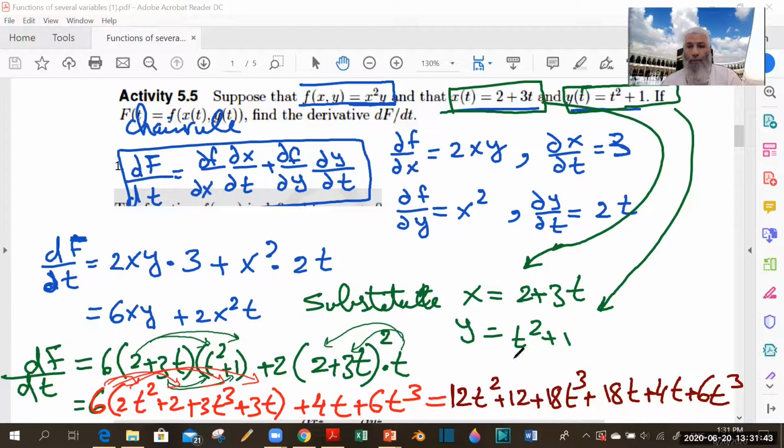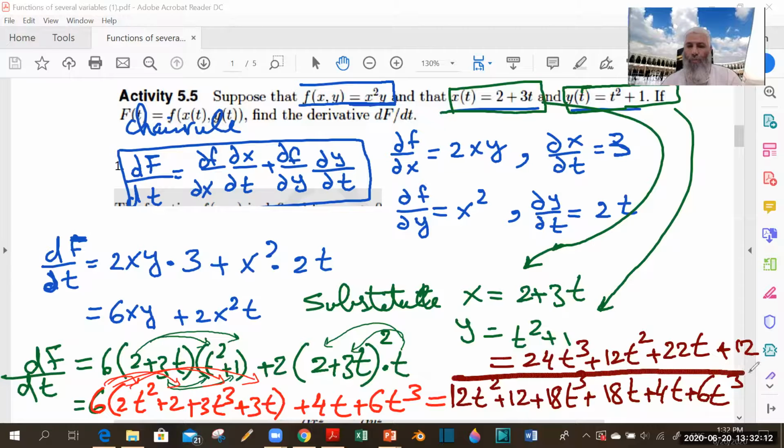So what is the final answer? t cubed: 18 and 6 is 24t cubed, plus 12t squared, plus 22t, and plus 12. This is the final answer.